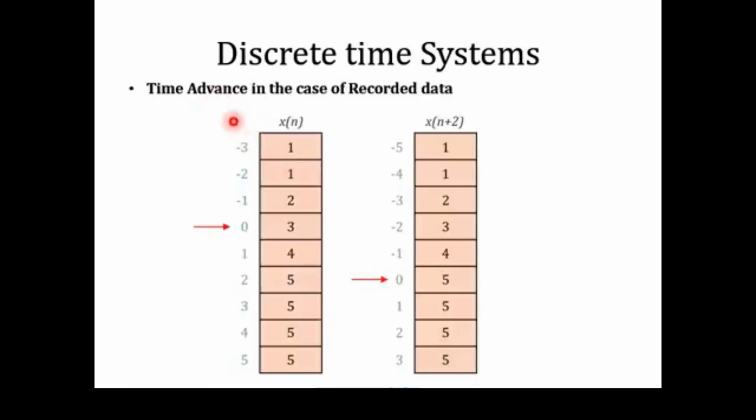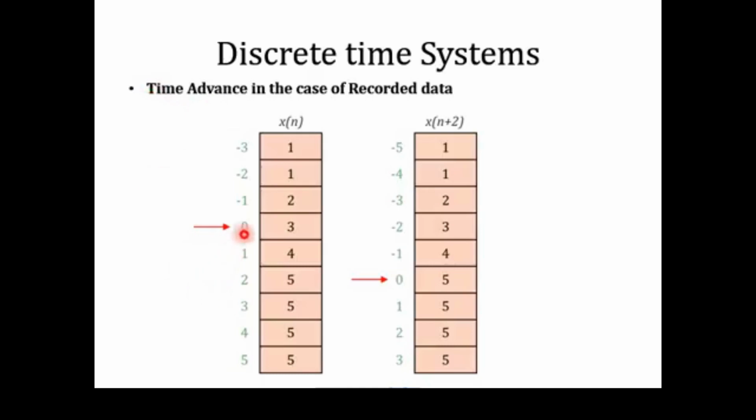So this is the case of time advance operation for recorded data. Since all the sample values of x of n are stored in our computer memory, which is the idea of recorded data, with respect to this reference, or this present value, these values will be considered as the previous ones, while these values will be considered as the future values. So in time advance operation, we have to access the future values of our signal.